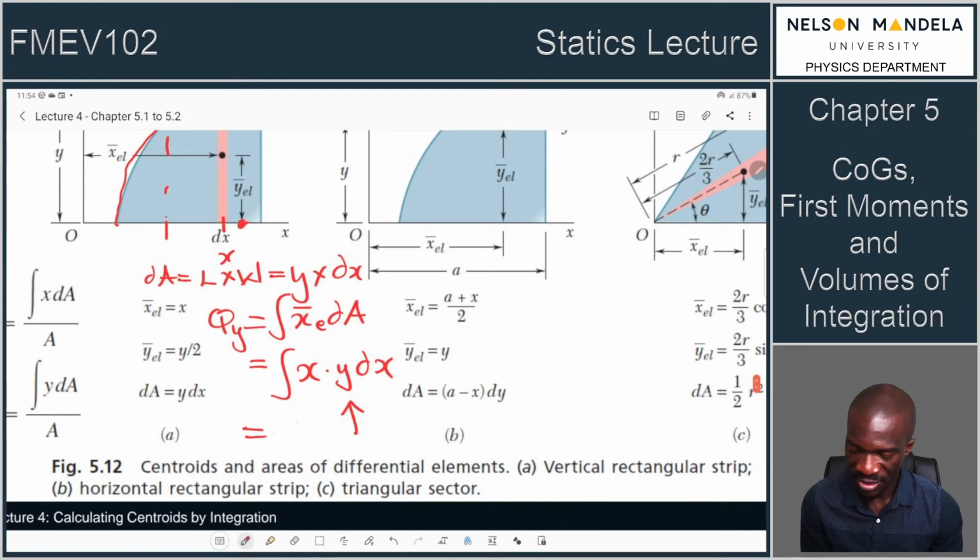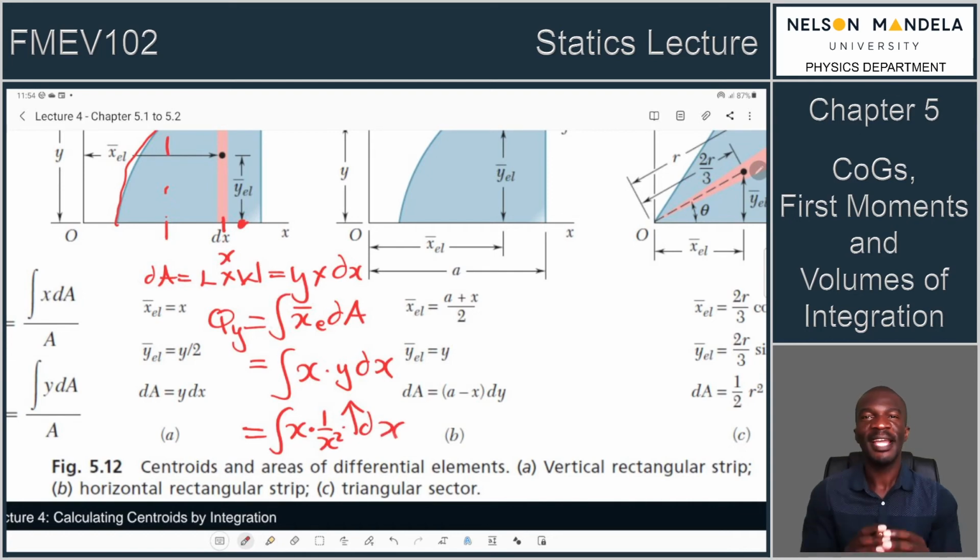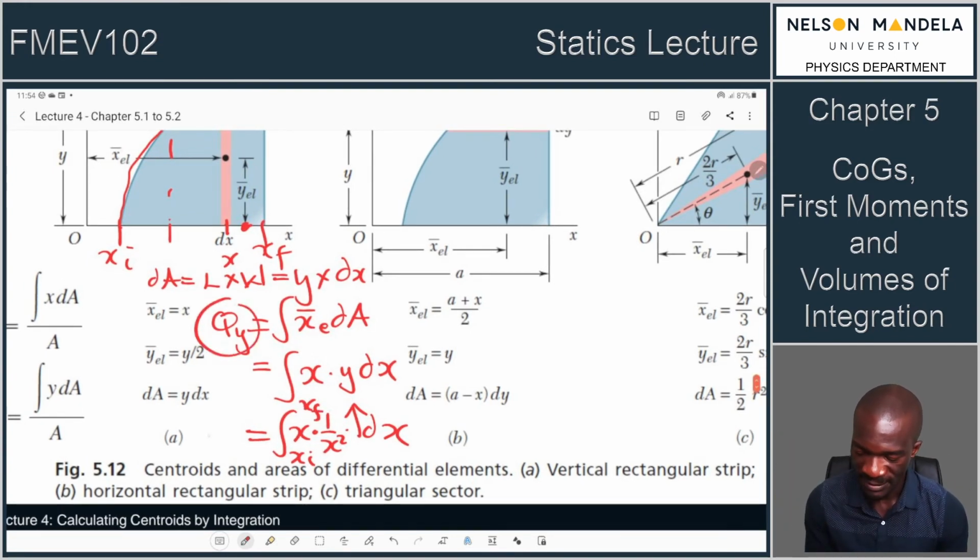So it's basically going to be, for example, the integral of x multiplied by 1 over x squared dx. Everything is now in x, and then you look for your x initial, x final as your limits, and you can integrate to find what? Qy. This means you can actually find your centroid x bar A using this method.